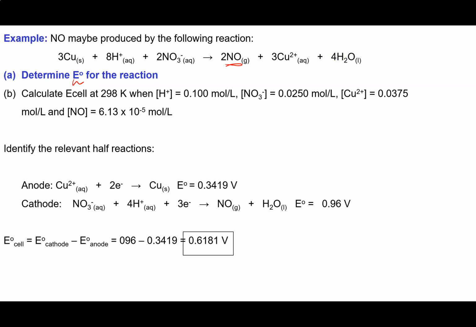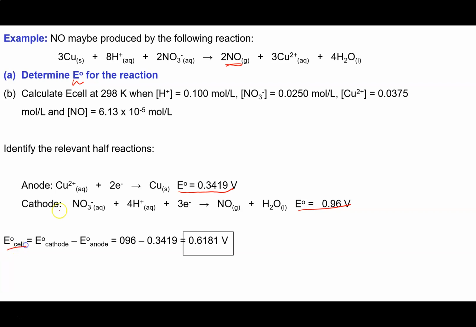We know how to do that, don't we? It's cathode standard reduction potential minus the anode standard reduction potential. So breaking this into 2 half equations, we have the reduction of the copper, and that has a standard reduction potential of 0.3419 volts. And then our cathode reduction is this reduction of the nitrate anion to give NO, and that has a standard reduction potential of 0.96 volts.